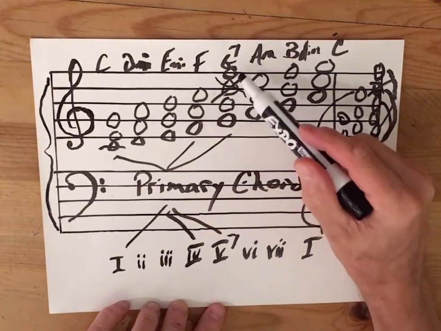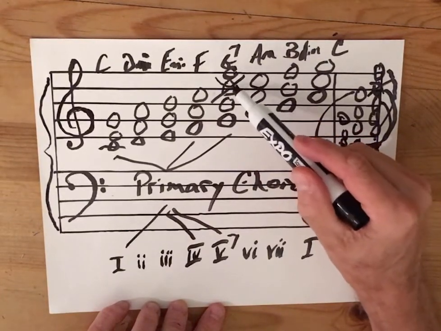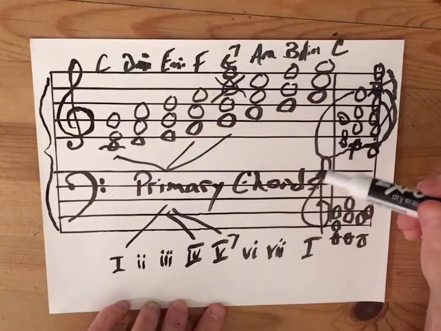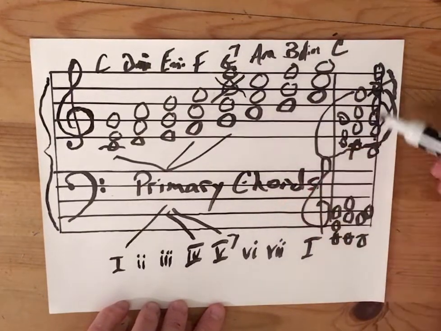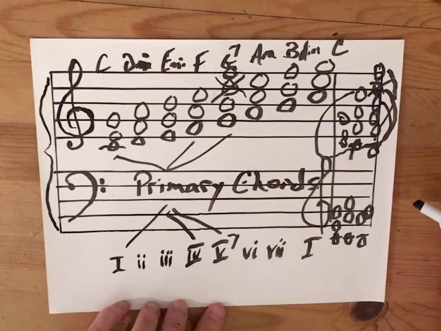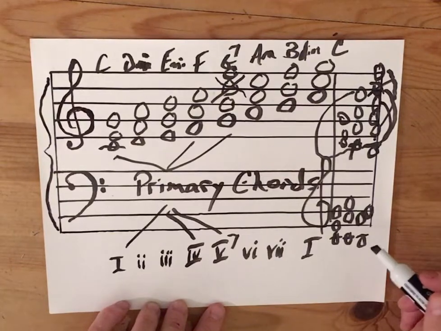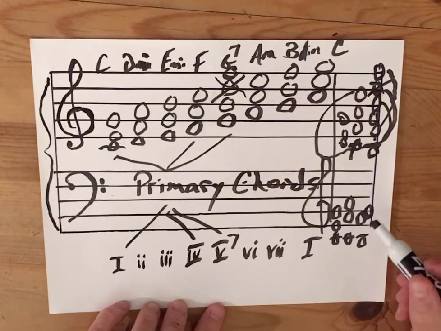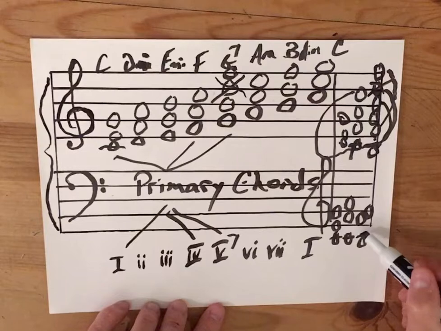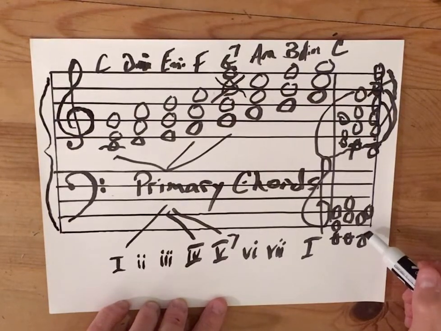So the 3rd and the 7th are more important than the 5th of the chord in its characteristic sound. And we want smooth voice leading, so we want it to be consistently 3 voices. Otherwise, we'd have to hire a voice just for one chord, and our budget doesn't allow for that.